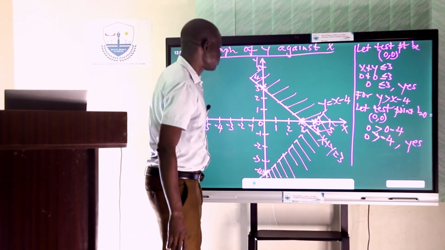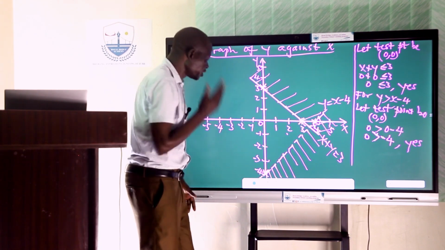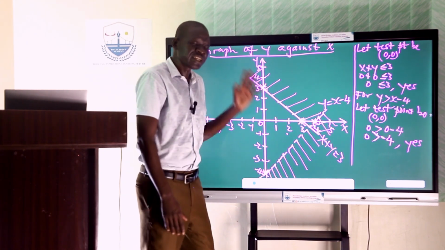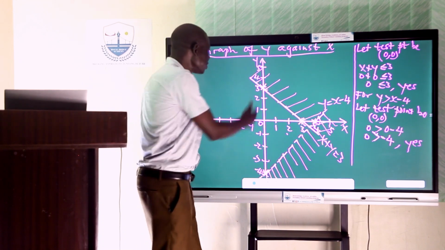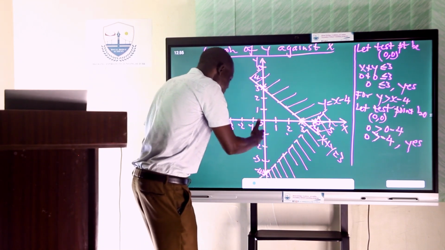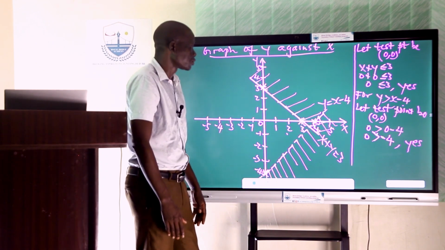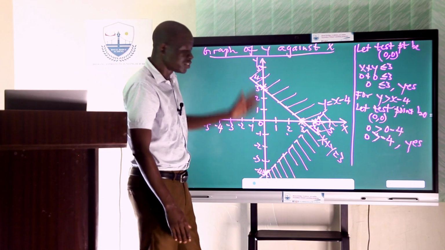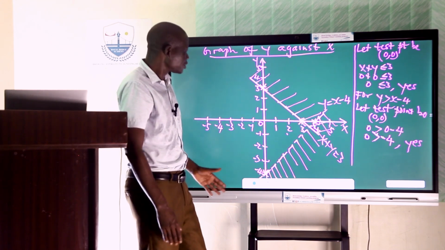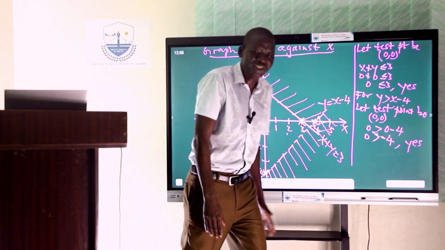The line x is equal to 0 is a vertical line passing through 0, which is the same as the y-axis, the whole of this line. So in the y-axis, we are going to shade the unwanted region.